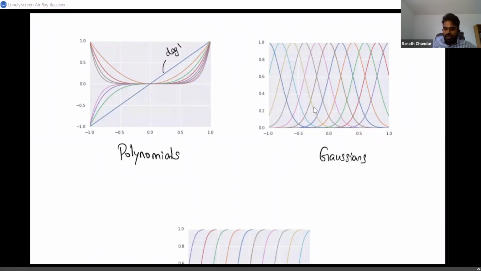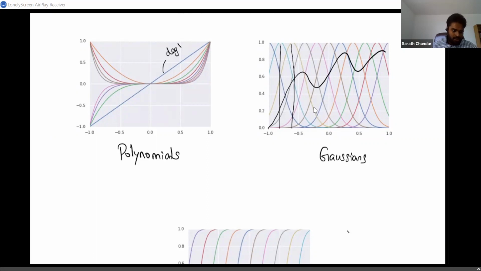You can see that this function is centered around 0.1, this function is centered around 0.2, and so on. When you combine a bunch of these Gaussians, you're going to get a really complex decision boundary. It would be a fun exercise for you to go and implement a bunch of these basis functions and see how their combinations look.